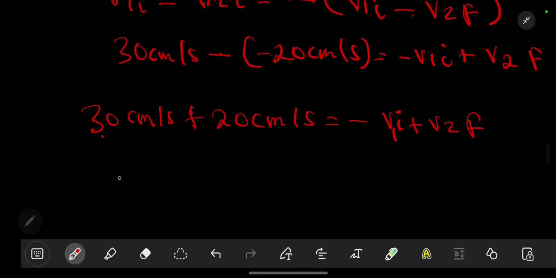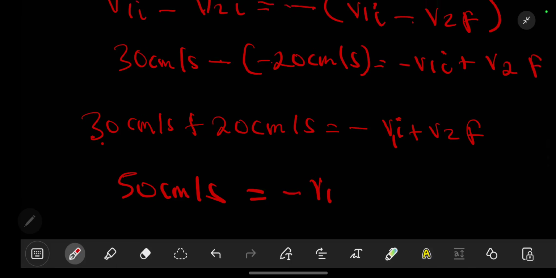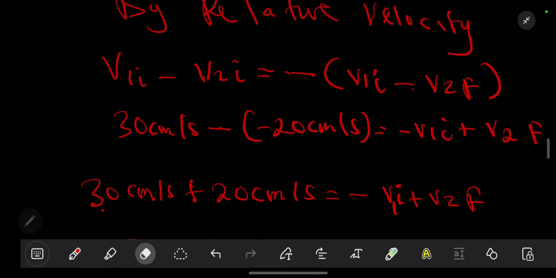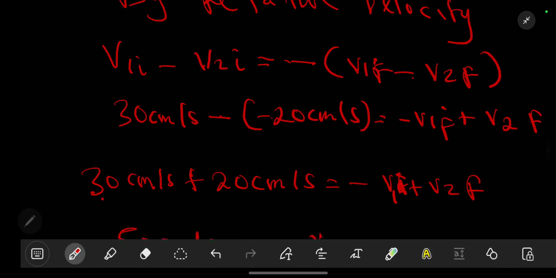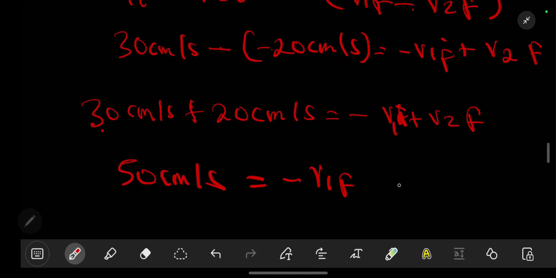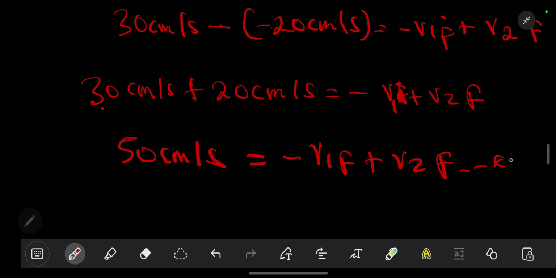So 30 plus 20 will give us 50 centimeters per second, should be equal to negative V1 final, very important, final, plus V2 final, like that. So this is our equation 2.